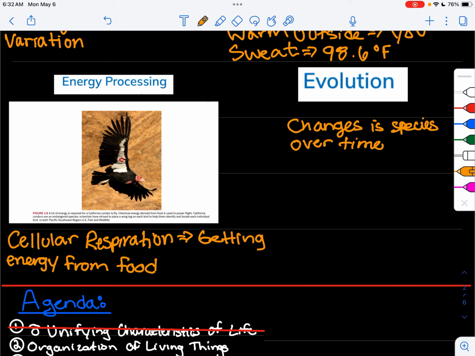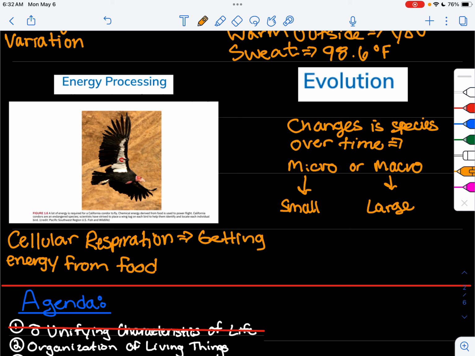This can be micro, or macro. Oops. Micro means small. So maybe just within a few organisms or on a shorter time scale. Macro means large.